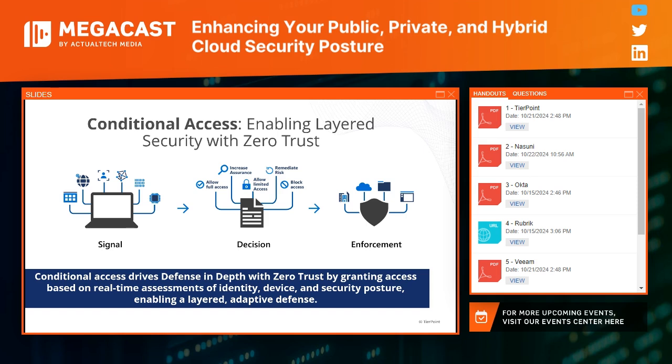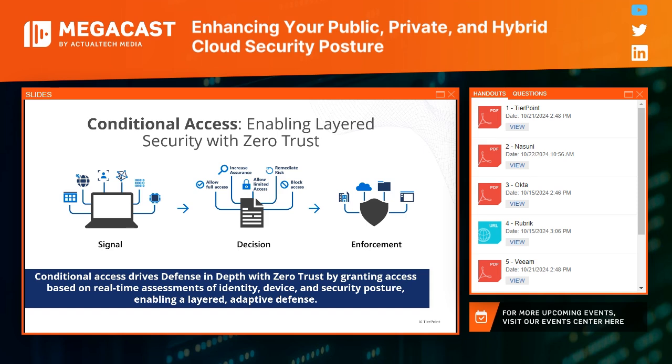A few examples of this could be, for identity, use multi-factor authentication, single sign-on, passwordless, role-based access control, just-in-time access control. And for endpoints, what type of device is the user or identity logging in from?